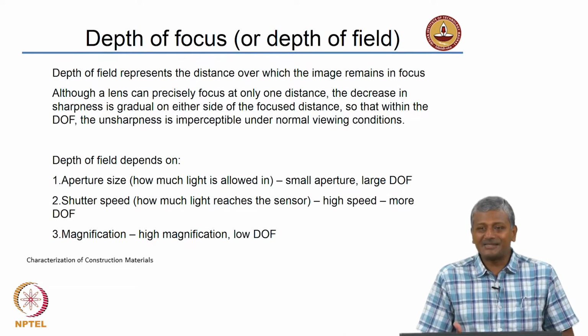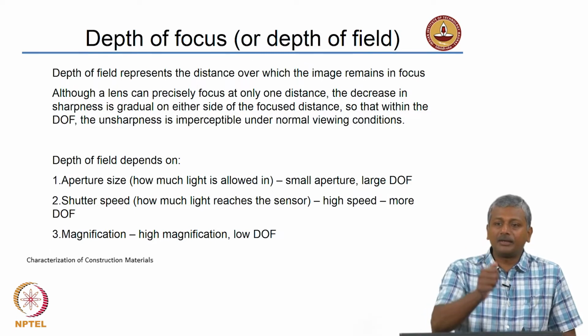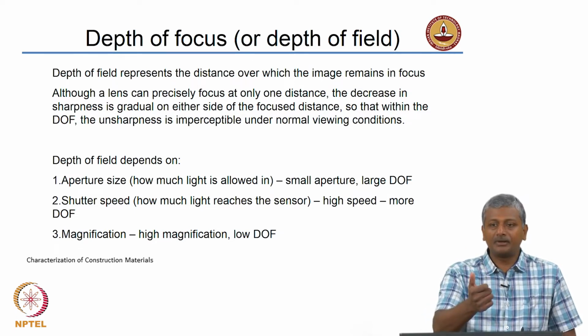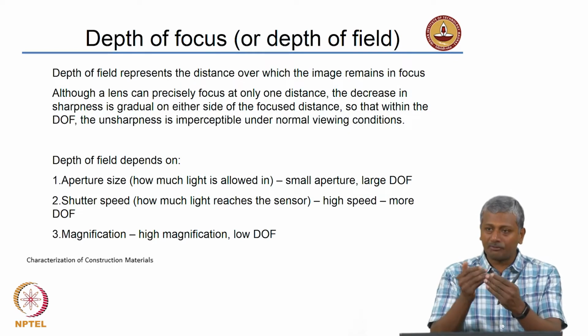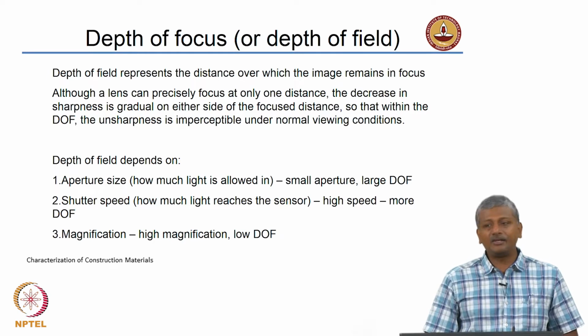Now, you can test this quite easily. Okay. When you take your camera and you are trying to take the image of your friend on the other side, you will see that there are objects in front of your friend and behind your friend which are also captured quite easily in your camera, right.